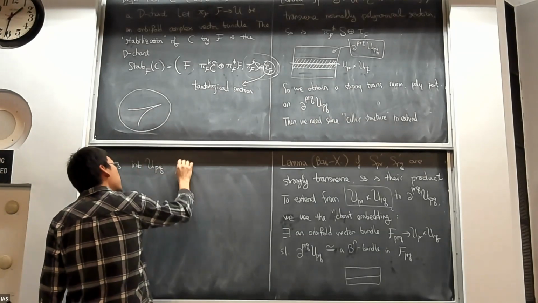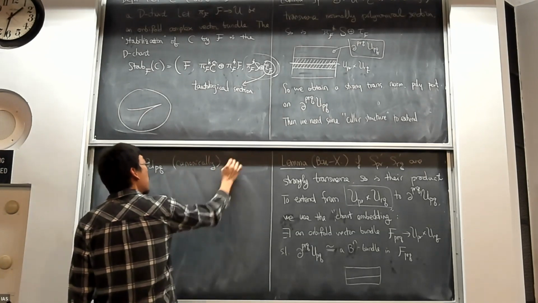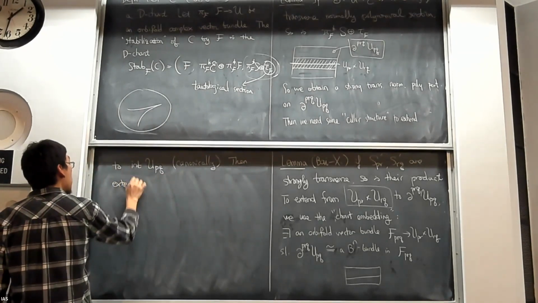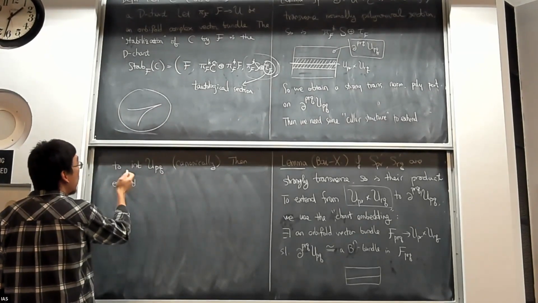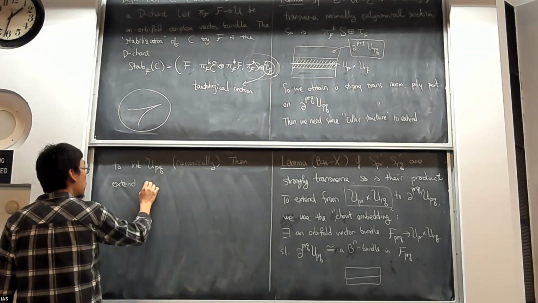Sort of canonically, then extend into, or a little bit into, this interior, and then extend it to the pole.